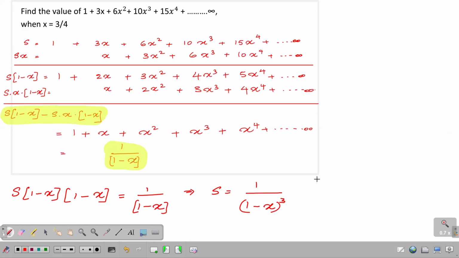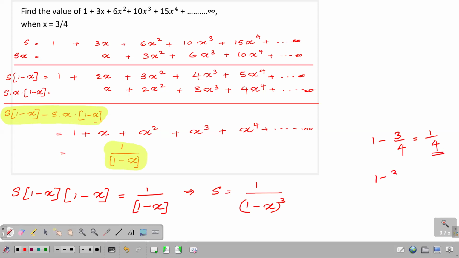Okay, now our work is over because they are asking you what is going to be the value of this guy s when x is equal to 3 by 4. So you know what I'm going to do? First, I will put 1 minus 3 by 4. Instead of x, I will put it as 3 by 4. That is nothing but 1 by 4 you will get. That is 1 minus x. Okay.